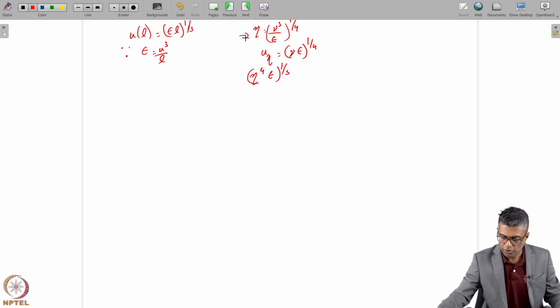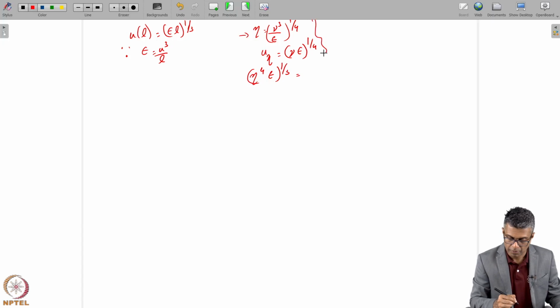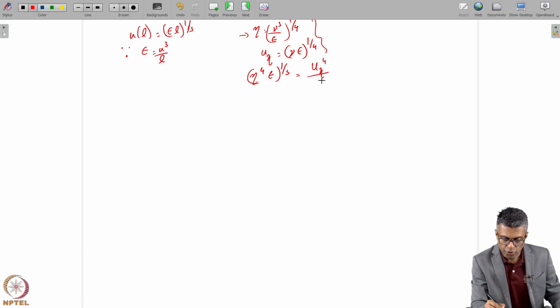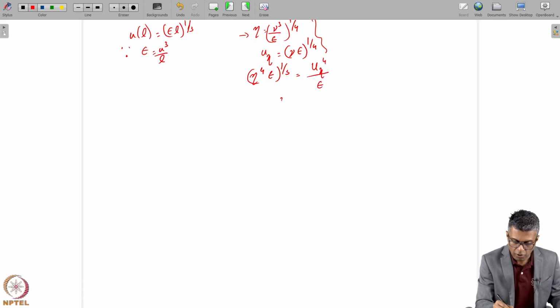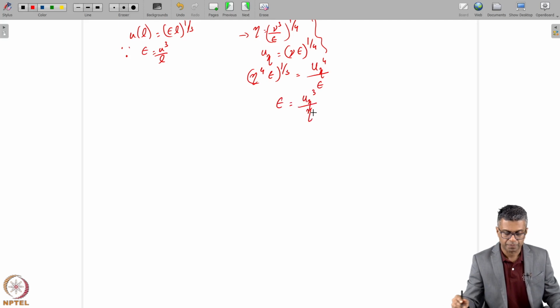Eta to the fourth times epsilon to the 1/3 is equal to, now notice what I'm doing here. I am actually eliminating viscosity from these two equations. Eta to the fourth epsilon to the 1/3 is u_eta to the fourth. This is what I have. That means epsilon from here is equal to u_eta cubed divided by eta.